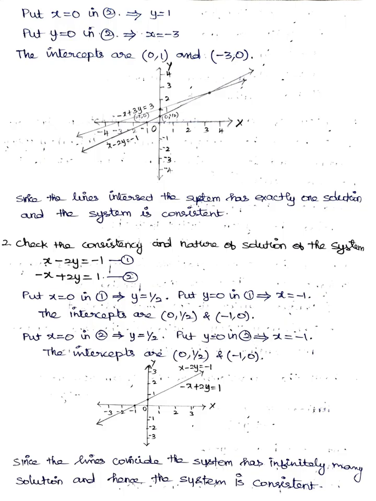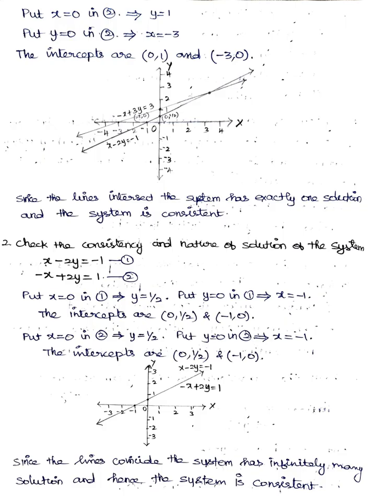Check the consistency and nature of the solution of the system of equations x minus 2y is equal to minus 1 and minus x plus 2y is equal to 1. Likewise, substitute x is equal to 0 in equation 1 and y is equal to 0 in equation 1. We get the x value is minus 1 and the y value is 1/2.